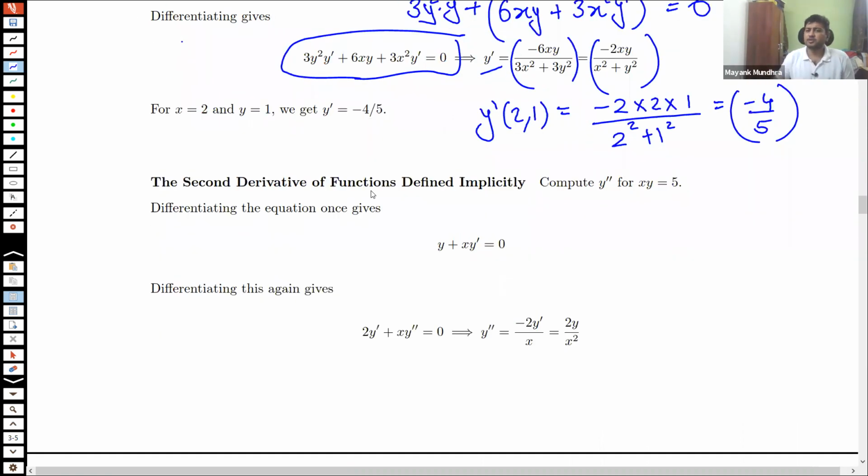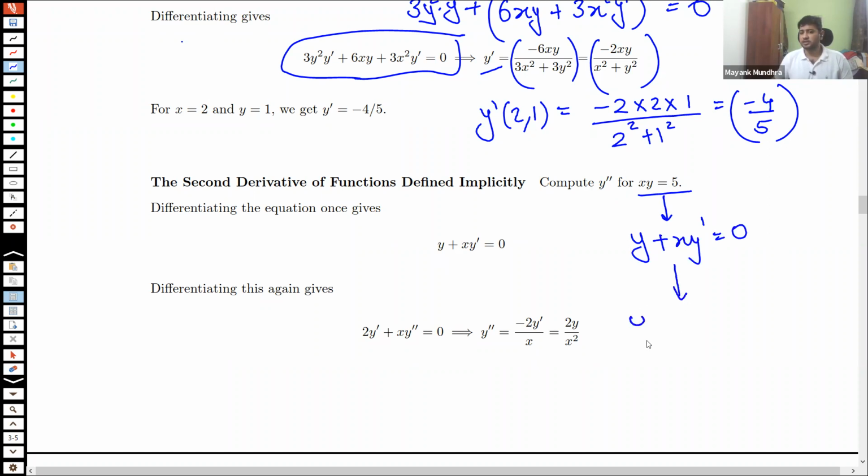Now, sometimes they might ask you a double derivative. So if you want to compute, let's say, y double prime, the double derivative, for xy equals 5, then when I differentiate it once, what I get is y plus x y prime equals 0. And then I differentiate this again.